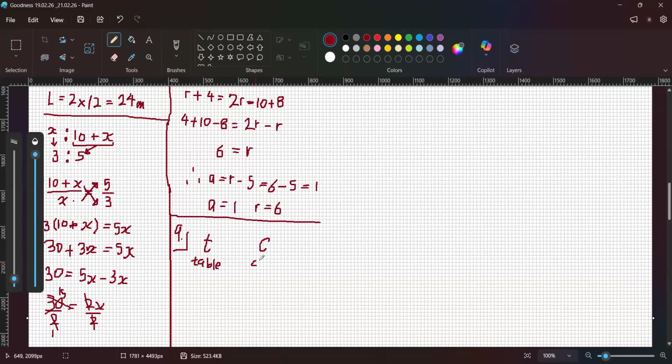You want to review your answer. The table costs $40 more than the chair. Are you sure it's C plus 40? Let us look at it in the natural sense.